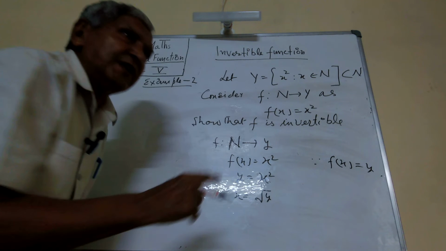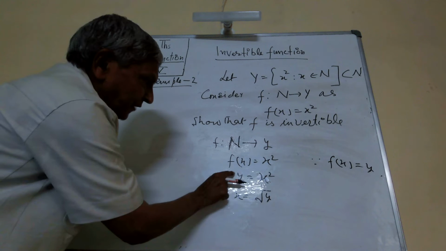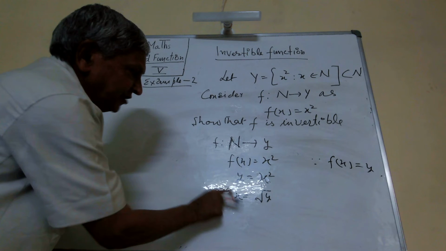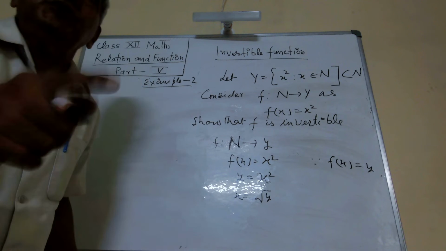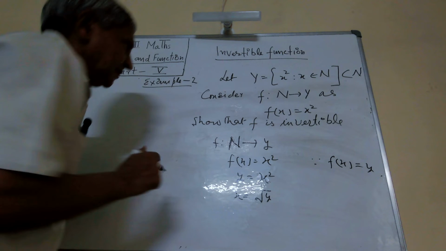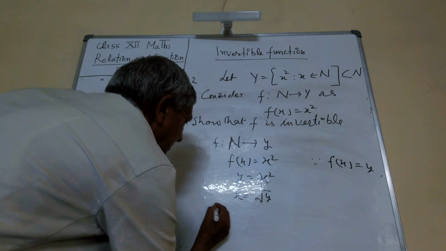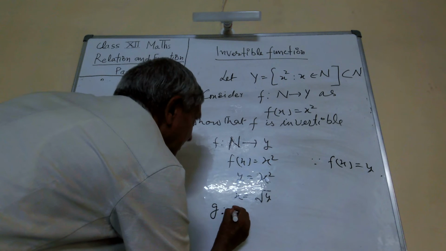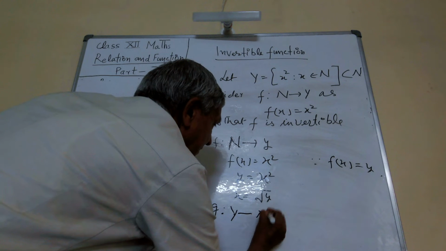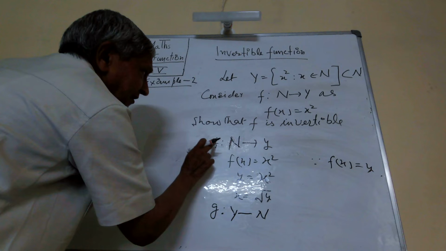As in the first example, you have seen that both the values are very necessary, x and y, for proving g of f x and f of g y. Now second function, g, such that Y to N. Change this function, because g is the inverse of f.